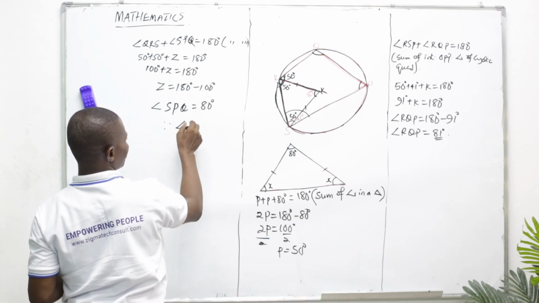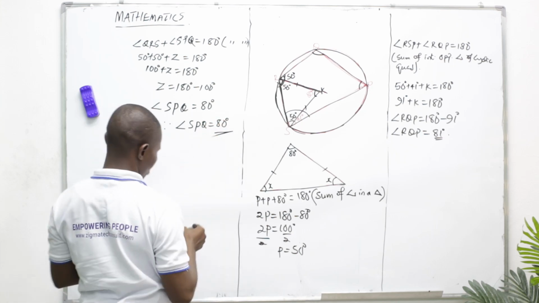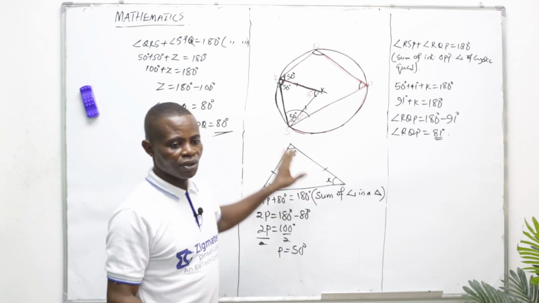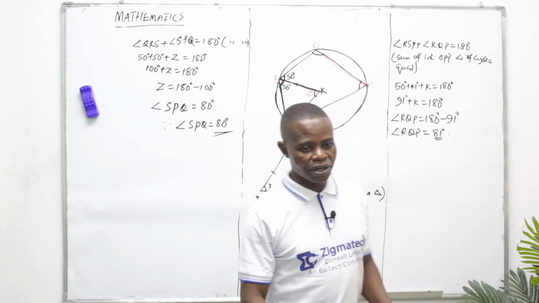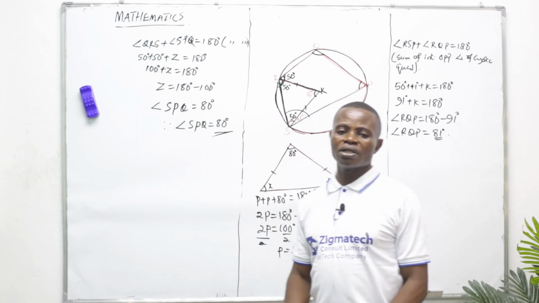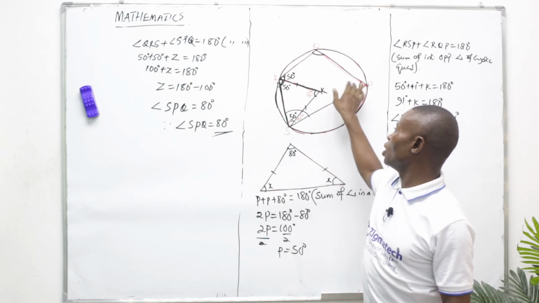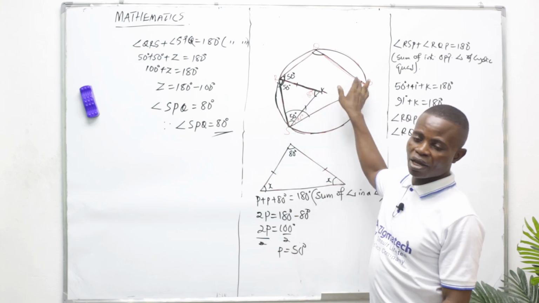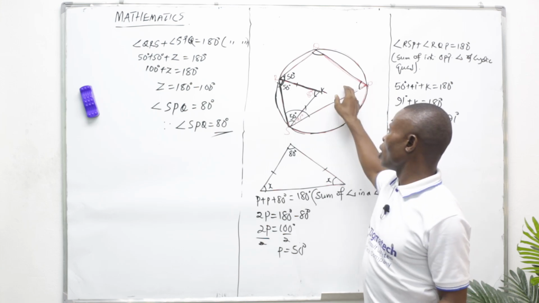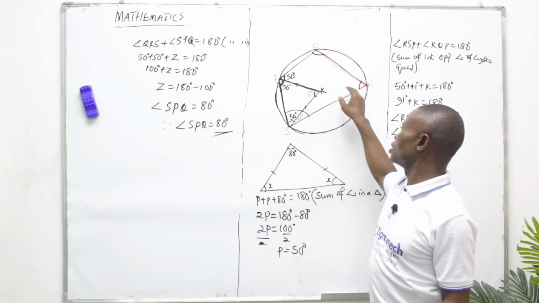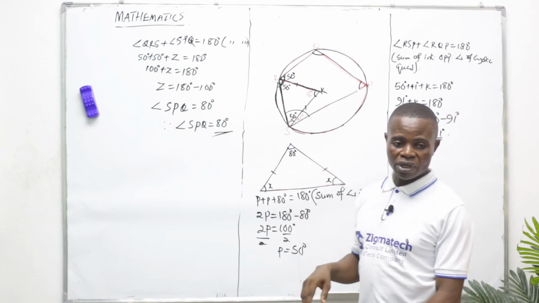Therefore, angle SPQ equals what? 80 degrees. You are done solving. So this is the solution for what? Angle SPQ. The reason for that is what? Sum of opposite interior angles of what? Cyclic quadrilateral. Because what? 180 degrees. So that's just that. So that is the solution for that.